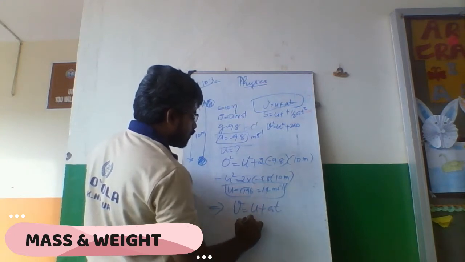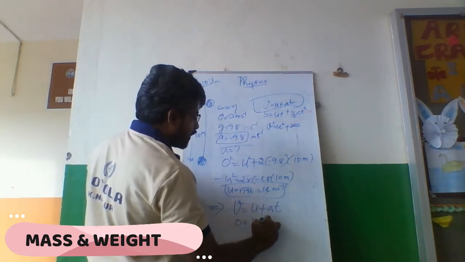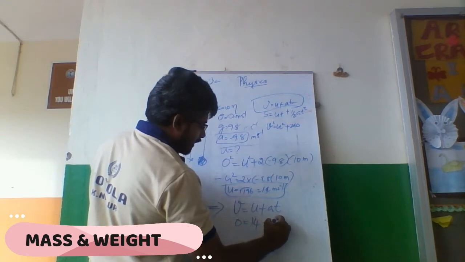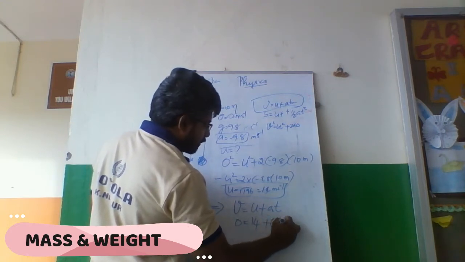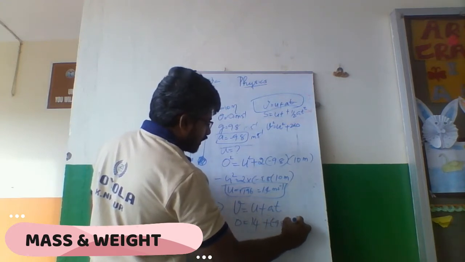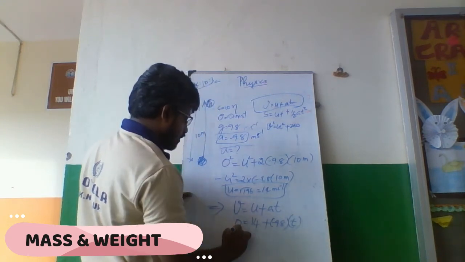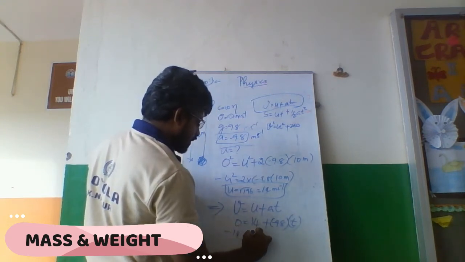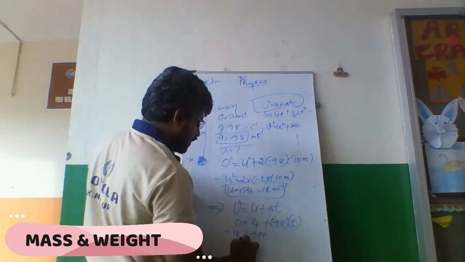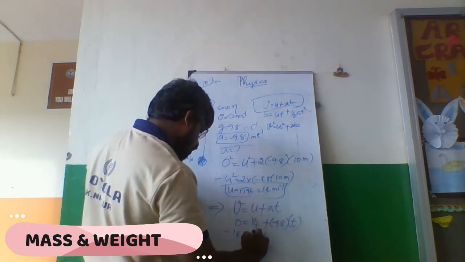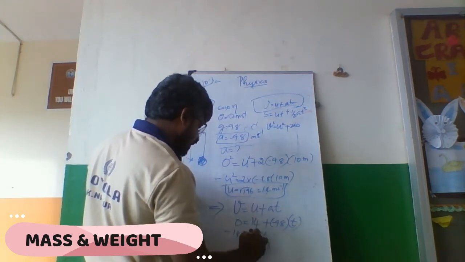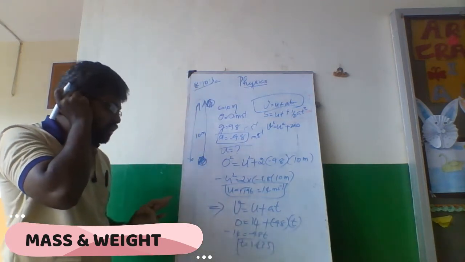What is u? u we already found, 14, plus at. What is a? Minus 9.8. What is t? t only we don't know. Minus 14 is equal to minus 9.8 times t. So now t is equal to 1.43 seconds.